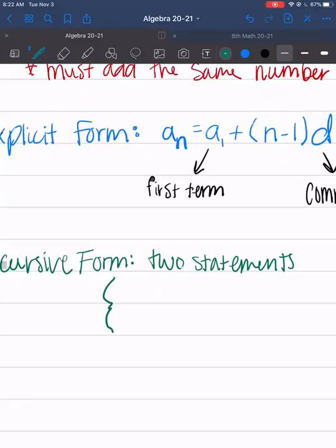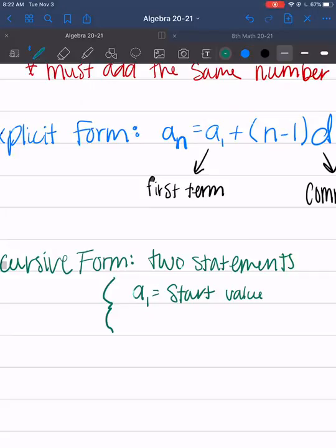And usually it says A1, and it tells you the first value, the start value. And then, just like the other one, you give a formula, what we call the general rules.